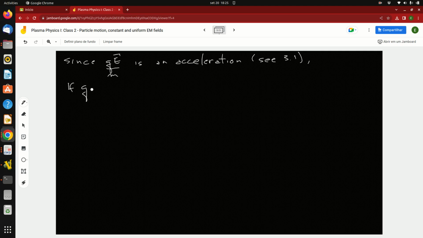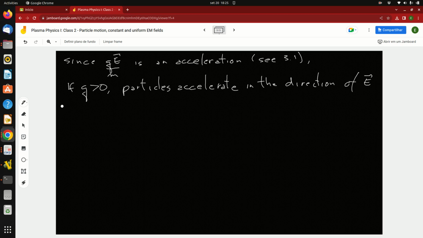If Q is larger than 0, the particle will accelerate in the direction and sense of E, so it's the same direction as E. Particles accelerate in the direction of E. If Q is less than 0, then particles accelerate in the direction of minus E, the opposite direction.